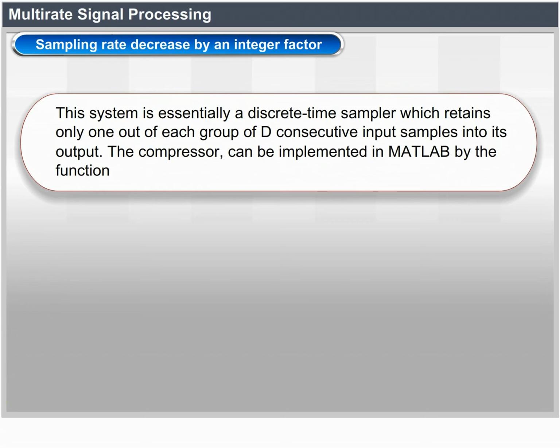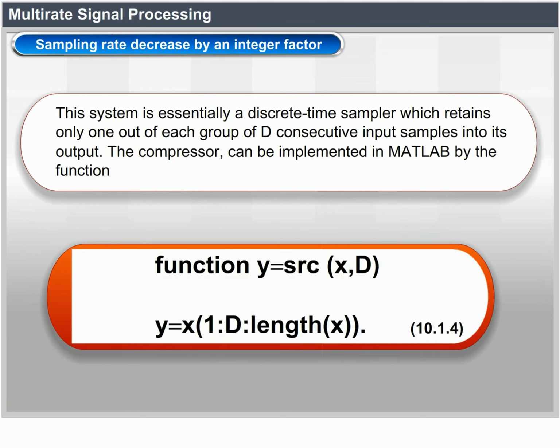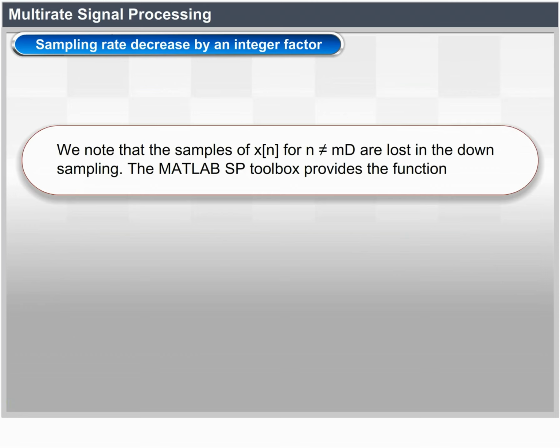The compressor can be implemented in MATLAB by the function y = src(x, d), y = x(1:d:length(x)), which is called equation number 10.1.4. We note that the samples of x(n) for n not equal to md are lost in the downsampling.